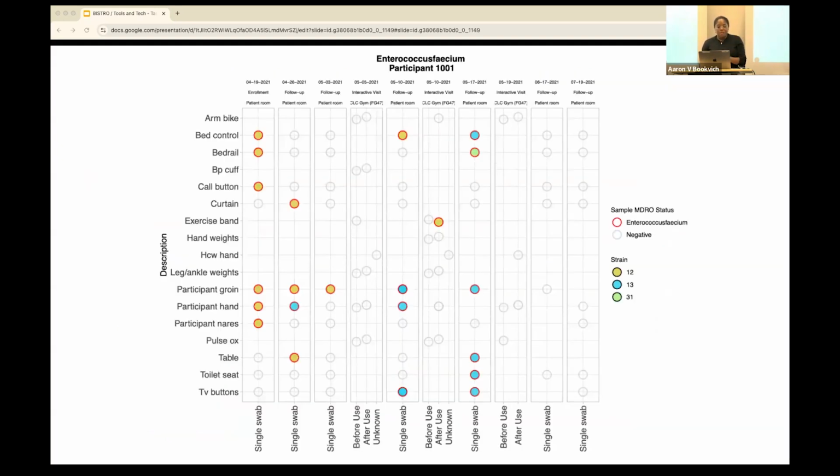And so we can even look at things over a longer period of time. This patient, for example, has about 15 isolate samples, which is a lot to collect. You're thinking about a patient that has to get swabbed all the time, has to remove clothing for the groin and things like that, which can become a real hassle. For the isolate samples, you can see a shift in the strains being captured from yellow to blue, and it takes about 15 isolate samples to see a shift in the strains over time.